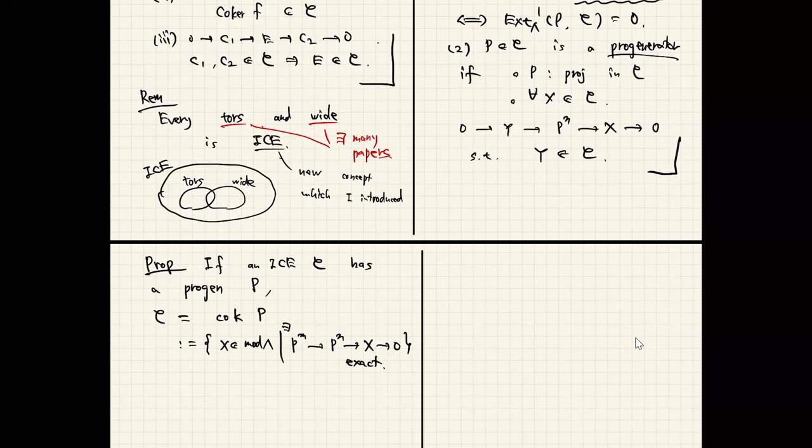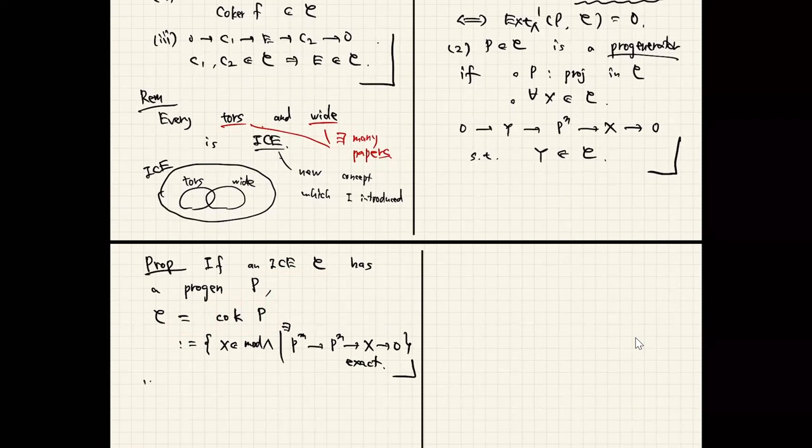So X is a cokernel of a map between finite direct sums of P. So this says that if an ICE-closed subcategory C has a progenerator, then C can be recovered from this P by this cok operator.